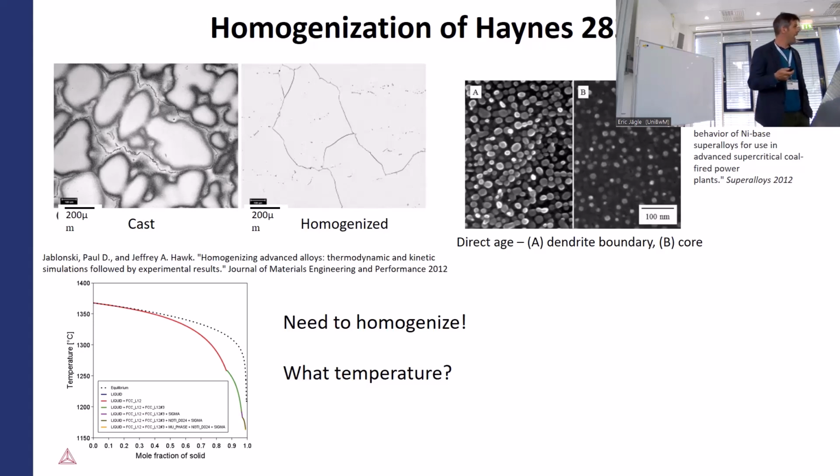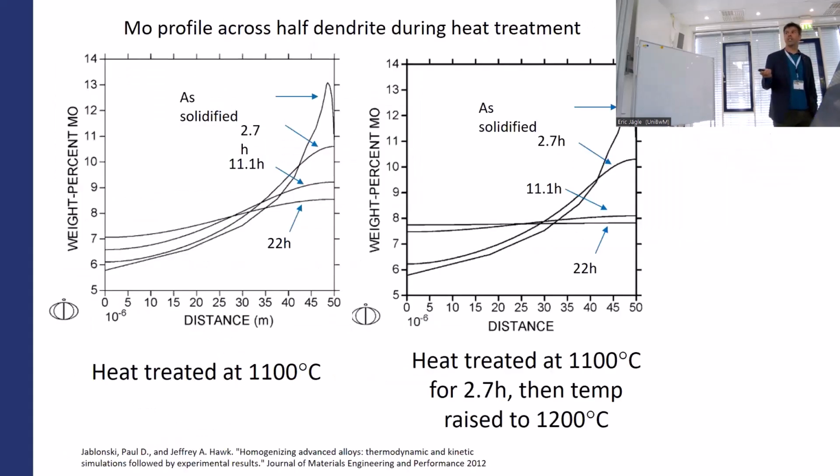But then diffusion will start, and as all this segregation is removed by diffusion, this final solidification temperature, the solidus temperature, will increase. So you could increase your homogenization temperature during the process. And this is what was done. And you can do that calculation directly in the diffusion module.